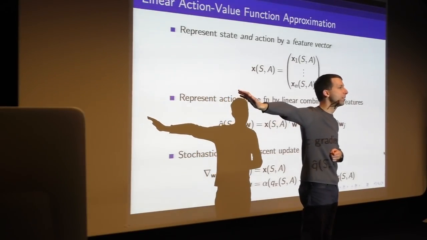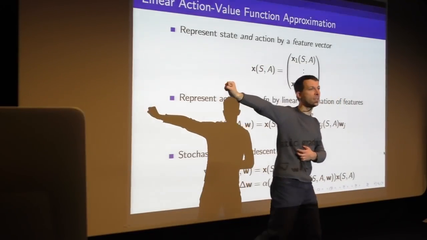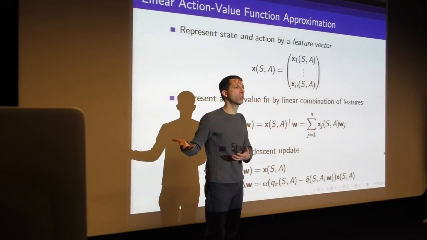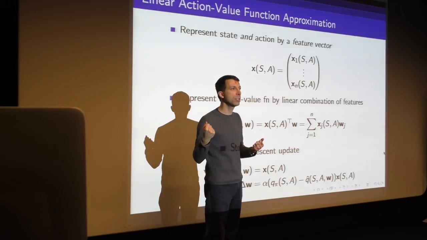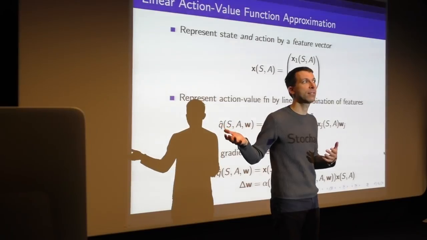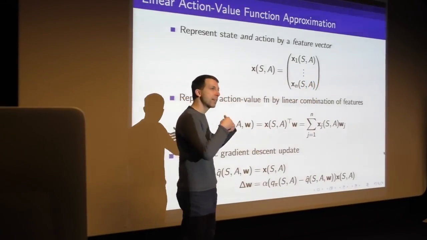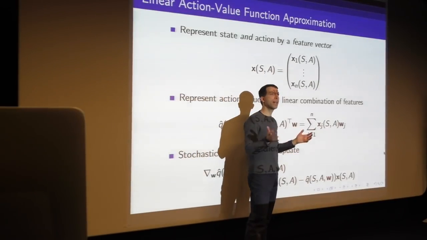And I might have another feature that says, how far am I away from this wall if I'm moving backwards? These are functions of both the state and action which I take. And there's just going to be some number telling us each of these cases. And maybe it's just 0 if I'm not doing the action which I was interested in. Or maybe we generalize across actions. And so that's going to give us a feature vector that tells us about the whole state action space.